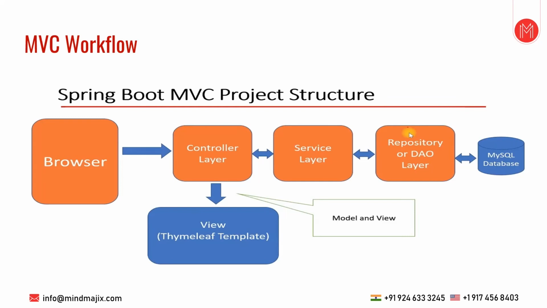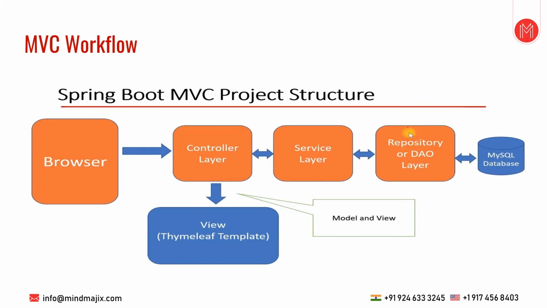It then passes the request to a specific controller by finding it using handler mapping, depending on the URL requested, using the @RequestMapping and @Controller annotations. The Spring MVC controller executes the business logic and then returns a logical view name and model to the dispatcher servlet.